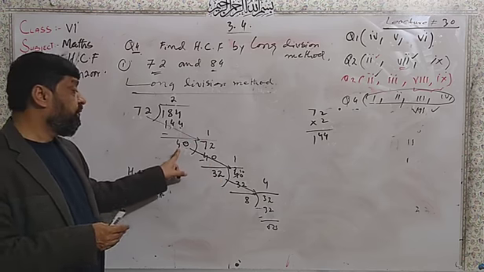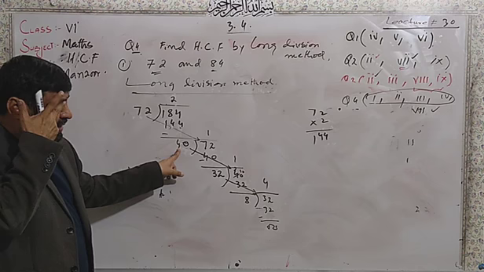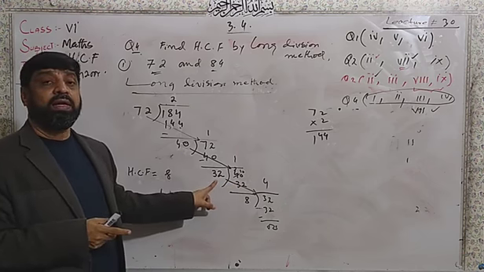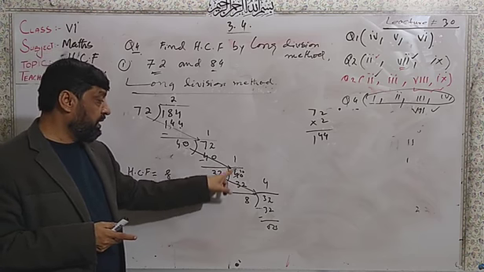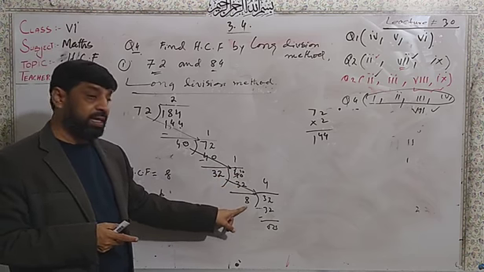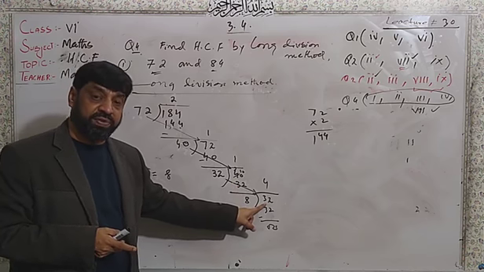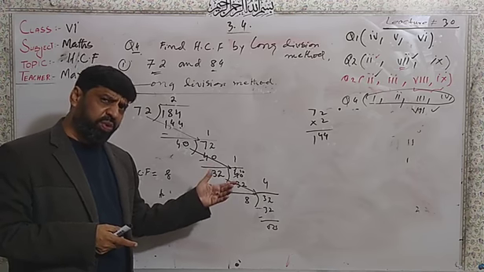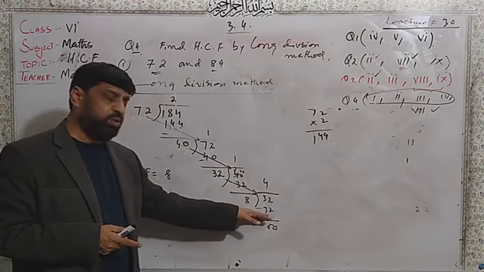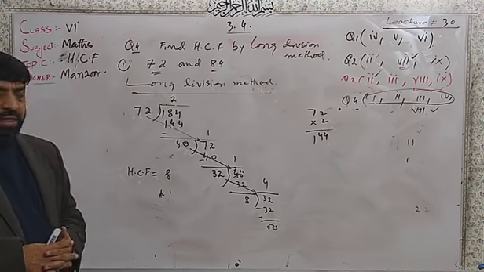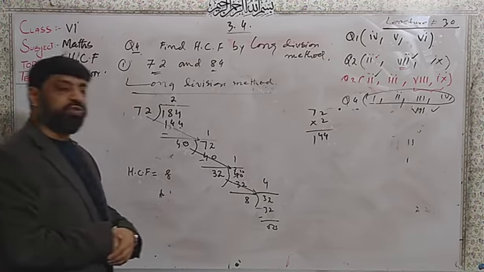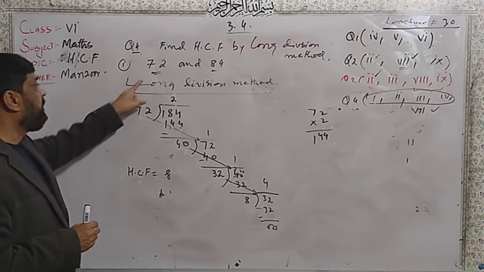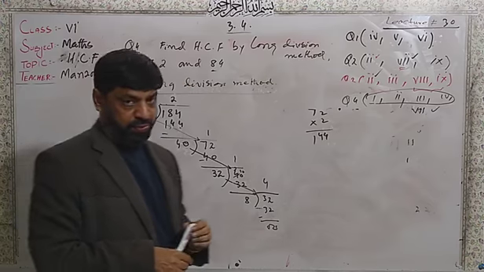Again 32 is the smaller, so 40 becomes the dividend and 32 the divisor. 32 goes 1 time and the remaining value is 8. Again 32 becomes the dividend and 8 can divide 32 exactly 4 times, and the remainder comes 0. It means 8 is the exact HCF of the given numbers 72 and 184.